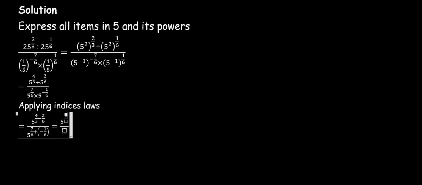Then at the denominator, it will be 5 raised to power 7 minus 1 over 6. Remember, we are applying simple operations of fractions to the indices, which is equal to 5 raised to power 6 over 6 at the numerator over 5 raised to power 6 over 6 at the denominator. The values are the same in both numerator and denominator, so they cancel out and give you the final answer as 1.